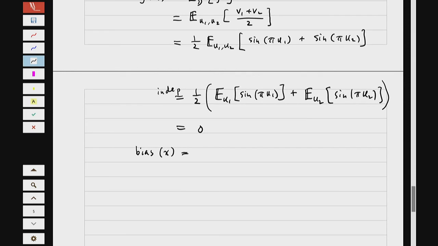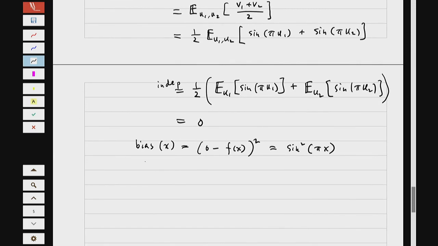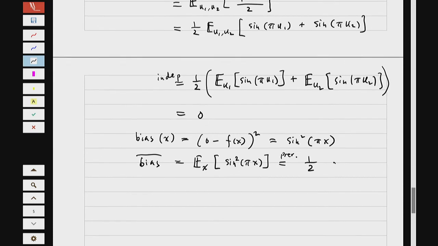Bias of x is still 0 minus f of x, which equals f of x squared, so sine square of pi x. And the average bias is still the same as before, the expectation of sine square pi x. As we have solved earlier, from the previous analysis, we get half. This expectation gives you half.